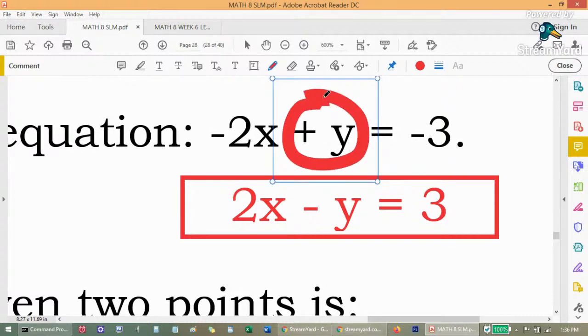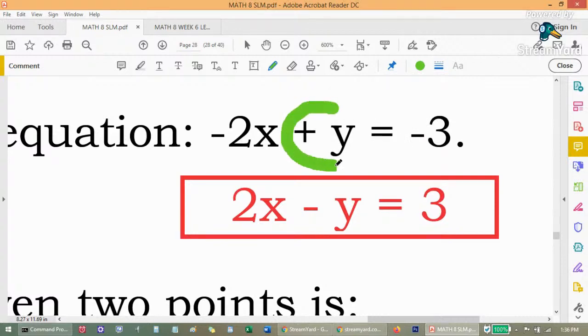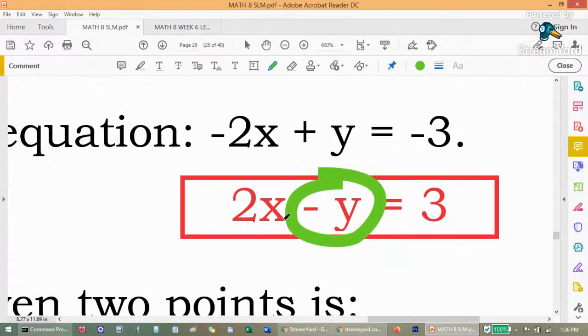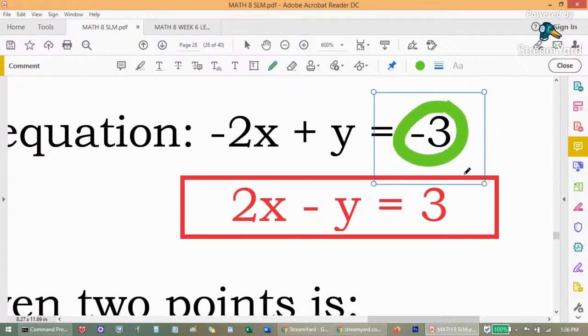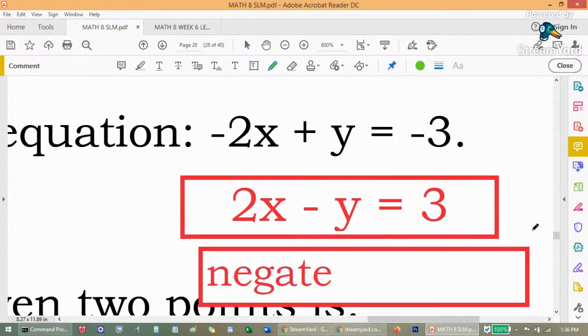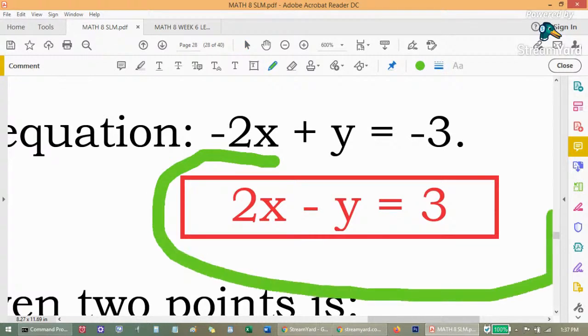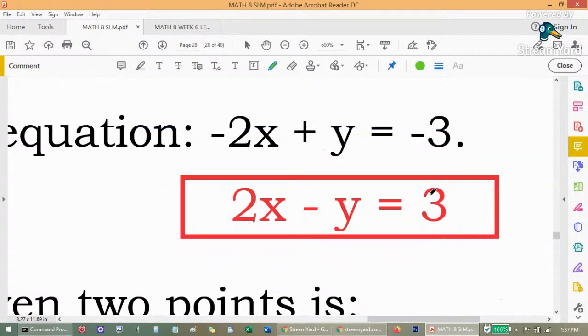Itong positive y magiging negative y. And then itong negative 3 ay magiging positive 3. Okay? Yan.